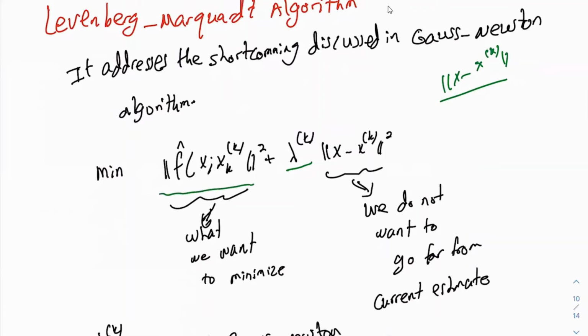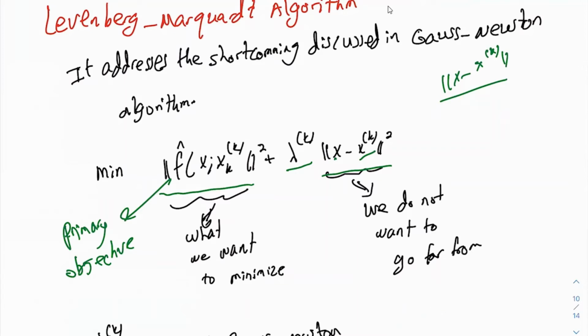That's your goal, the primary objective. But at the same time, this is the secondary objective you have. As I wrote here, we don't want to go far from the current estimate. We want the current estimate and the solution to be near each other, so we want these two to be close to each other.